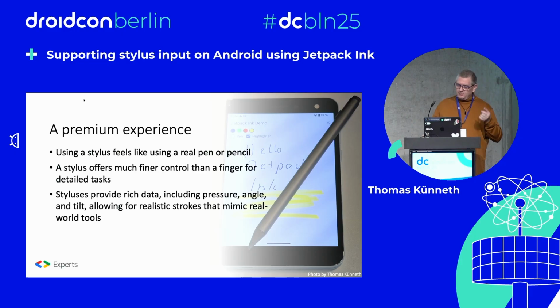Doing that also on smartphones and tablets, or particularly foldables, that is devices with a somewhat bigger screen, really is a nice experience. But there is also a more practical use case, meaning that a stylus offers much finer control compared to, for example, touch-based input using a finger.